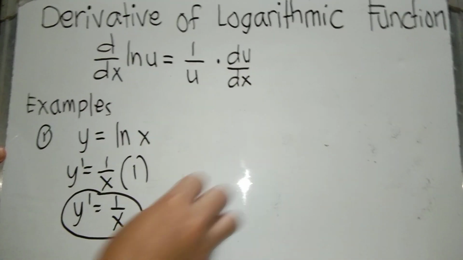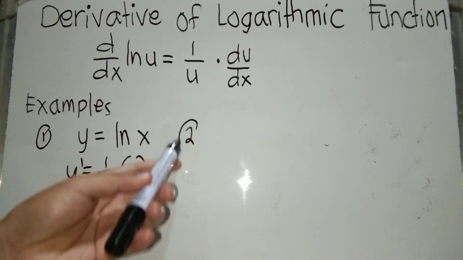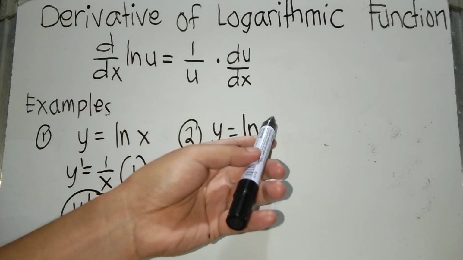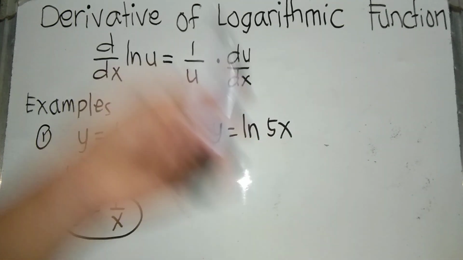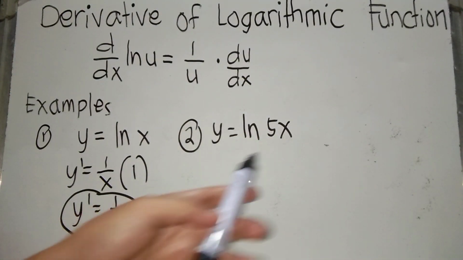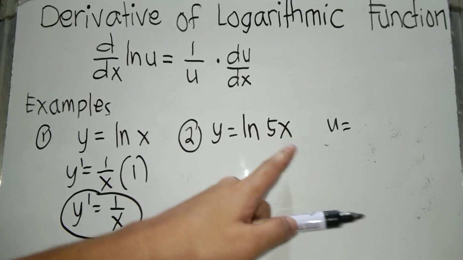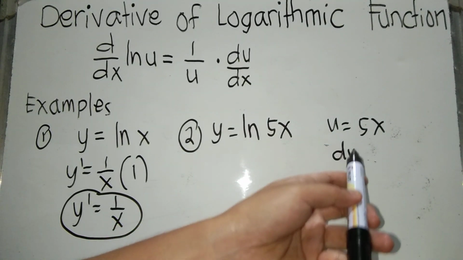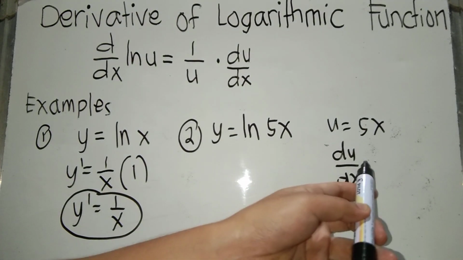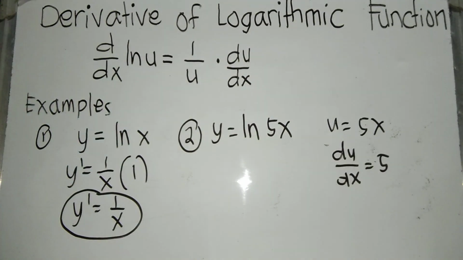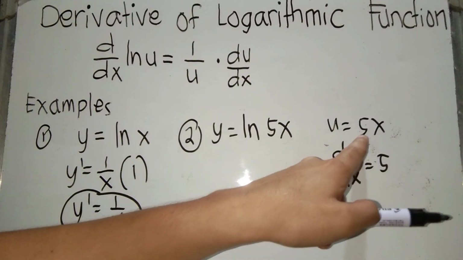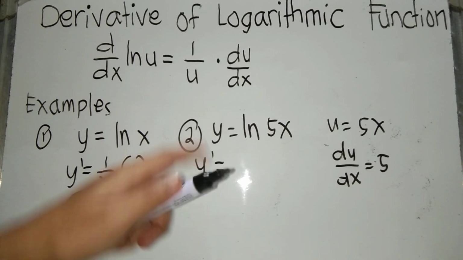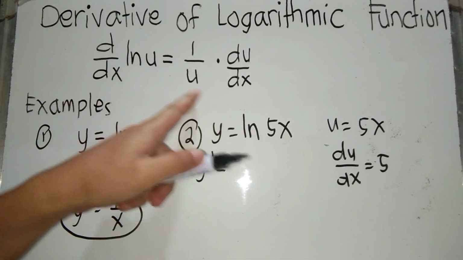Another example. If you have here y is equal to ln of 5x. Our u this time is the function 5x. So the derivative of u with respect to x is equal to 5, because this is a constant times a function. In finding the derivative y prime, just copy the formula: 1 over u, but what is your u?